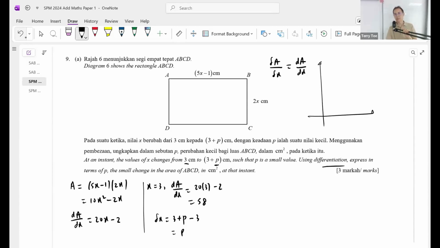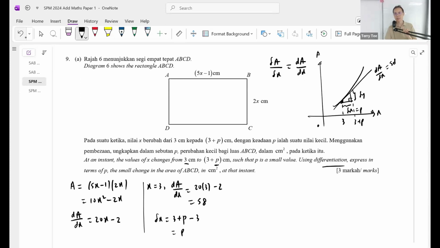To help you understand better, let me do a quick sketch of this graph. At the point where x equals 3, the gradient of this line is your dA/dx. The gradient is 58, very sharp. Now it increases from 3 to 3 plus p, so my delta x is p.